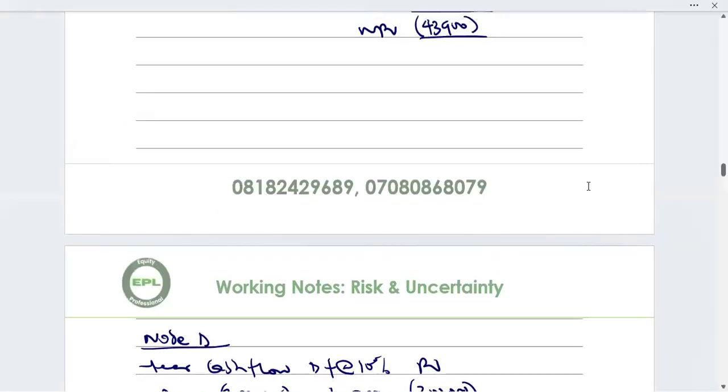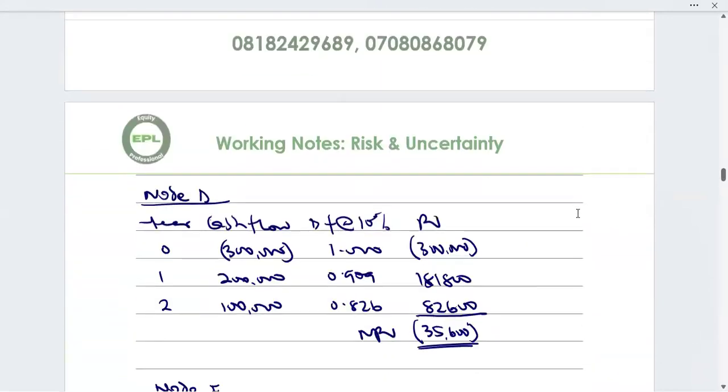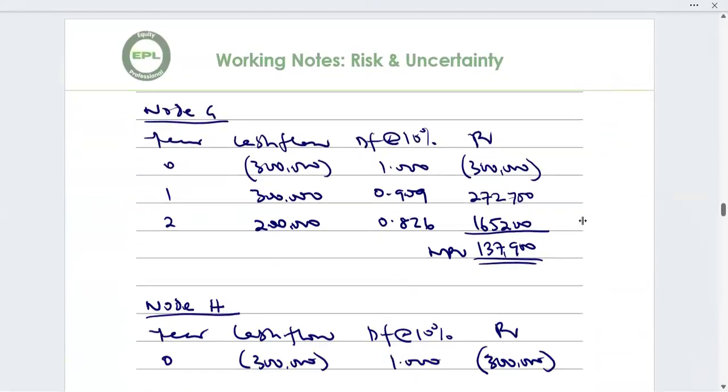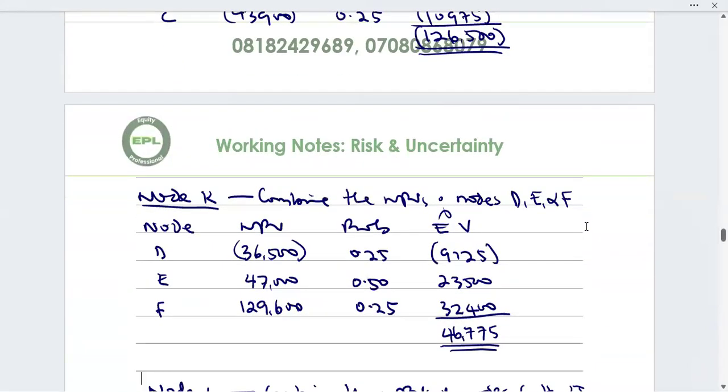So I saw 36,500 for node D under node K. Is it not 36,500? It's 35,600. Oh, error. This should be 35,600.